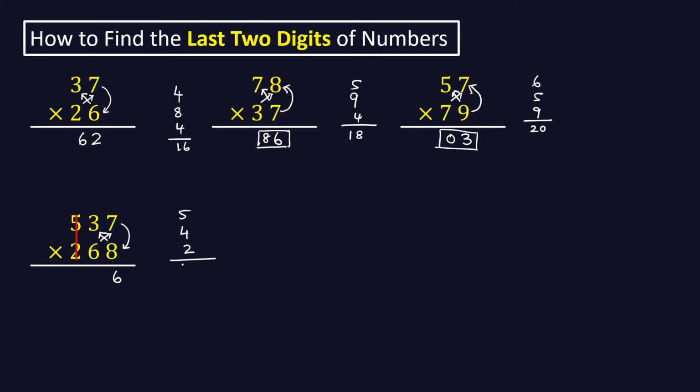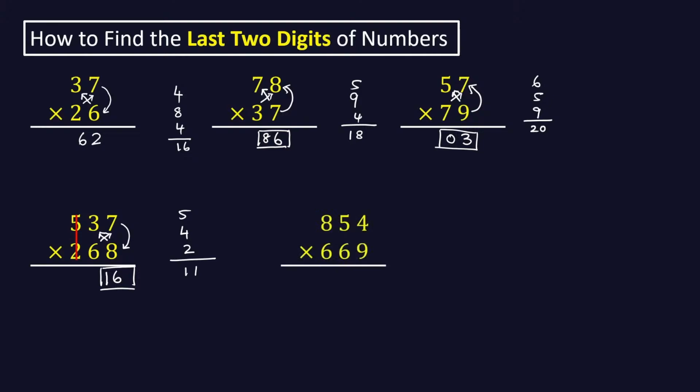We are getting 11. So take the unit digit, which is 1 here, and place it here to get the last two digits when 537 is multiplied with 268. In our case, we got the answer as 16. Is it clear? Let me take another example.